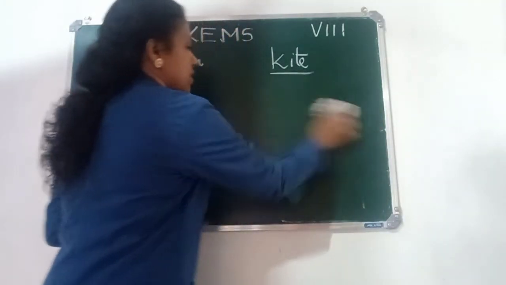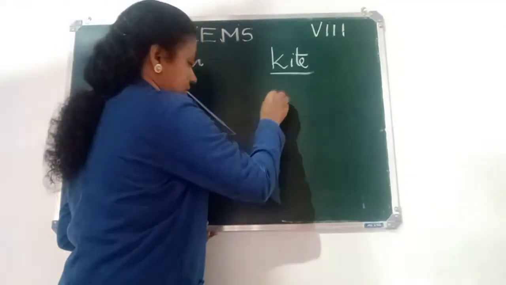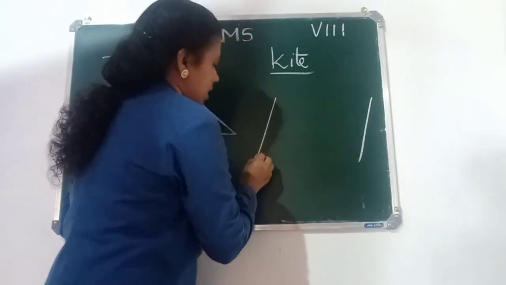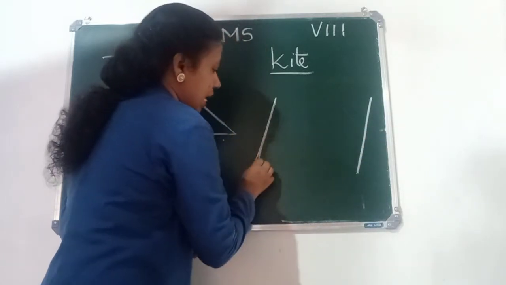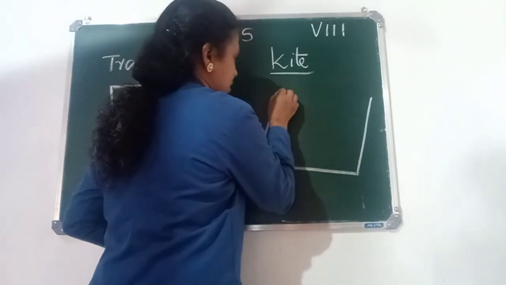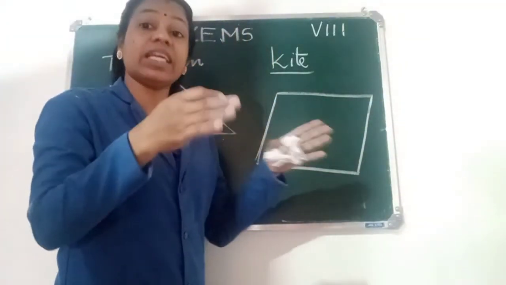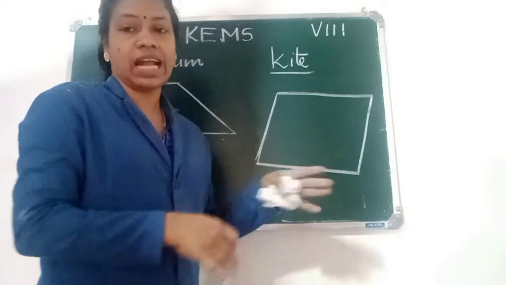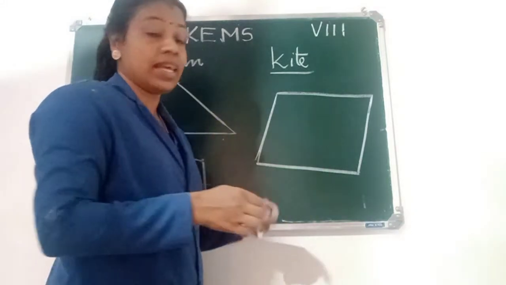Actually, it is a parallelogram with equal length sides. That means a rhombus is a parallelogram with all sides equal in length. Clear? That is a rhombus.